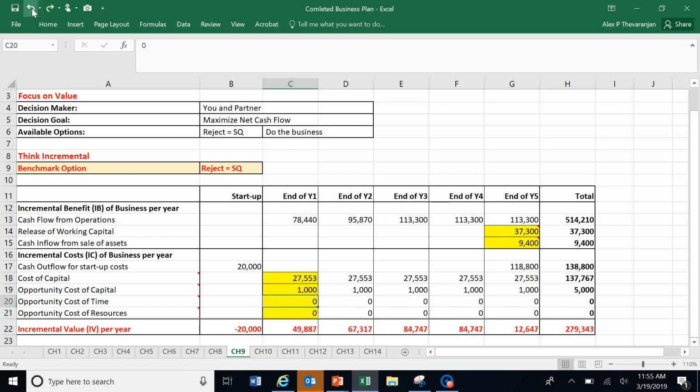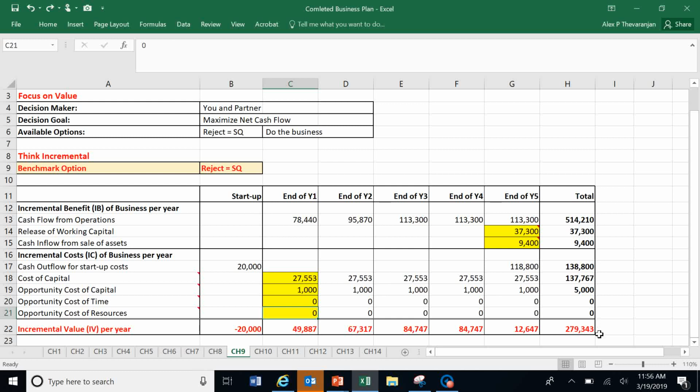Similarly, opportunity cost of resources asks whether you are tying up any of your resources, like your apartment or car, and whether you could have made some money if you hadn't tied them up. But your vehicle or your apartment, you're likely to be using it to make money anyway, so you're not foregoing anything. So finally, here are your incremental benefits, and here are your incremental costs.